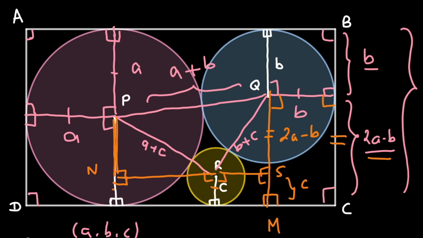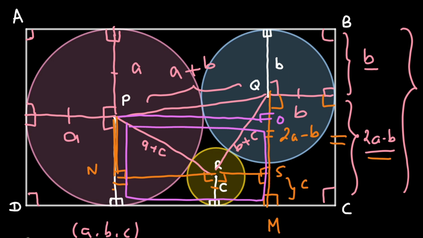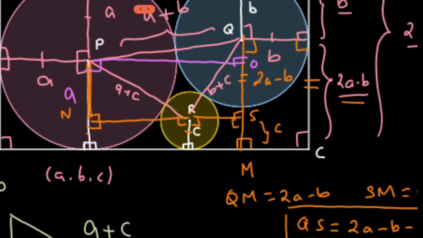So this time I will draw a line segment PO that is perpendicular to the line segment QM. Now look carefully in this particular quadrilateral. All the four angles would be 90 degrees by linear pair and angle sum property. The distance from here to here is the radius of the pink circle, hence it is A. Therefore this distance would be equal to A, and that is ultimately the line segment OM.